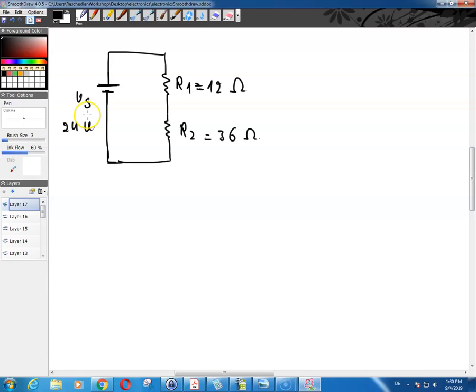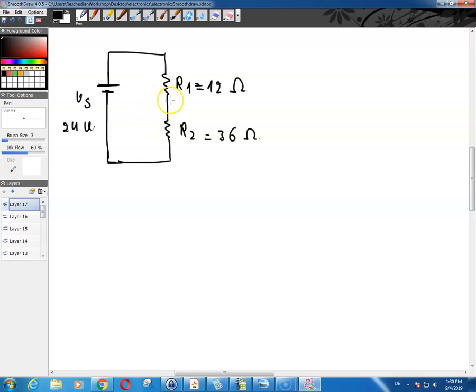And V of S is equal to 24 volts. Right? So now what you want to do is find the power dissipated by each resistor, and the total power delivered by the source.